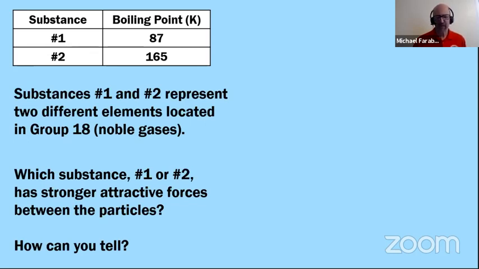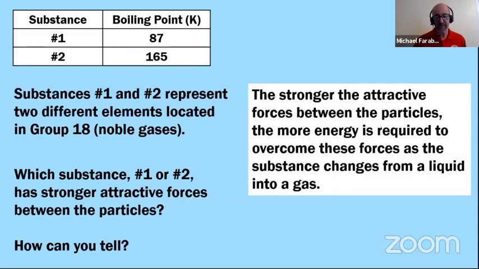Well, you don't have any information about the identity of the elements. We can't talk about polarity, electronegativity, Lewis electron dot structures. All we have are boiling points. So it should make sense that if you have to change a substance from a liquid to a gas, energy is required.